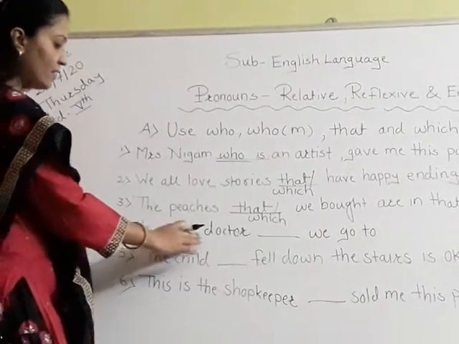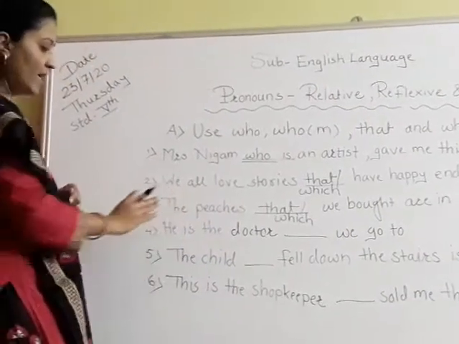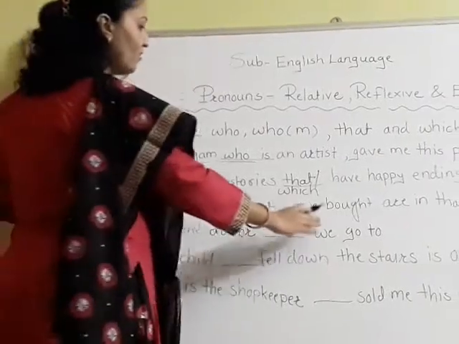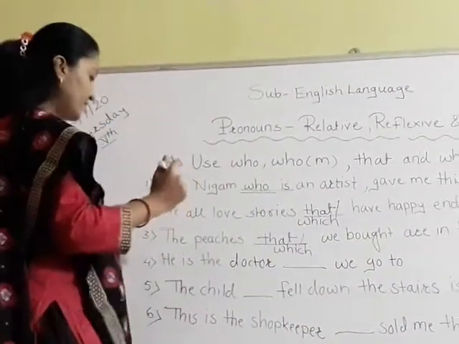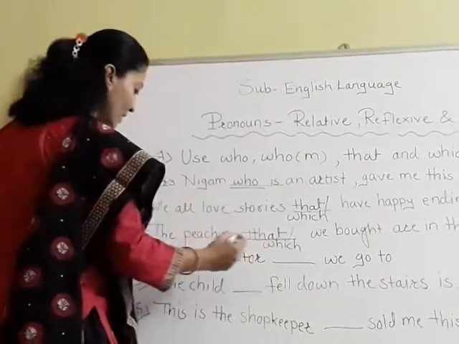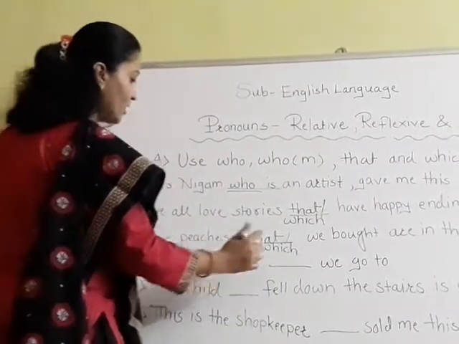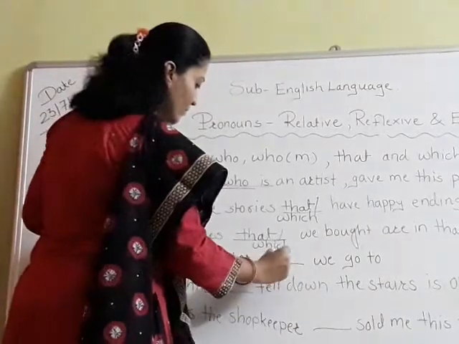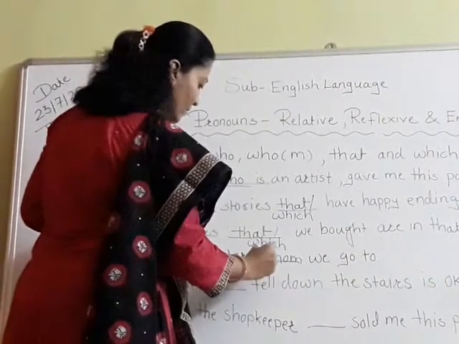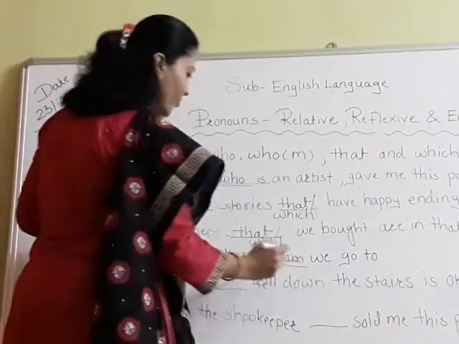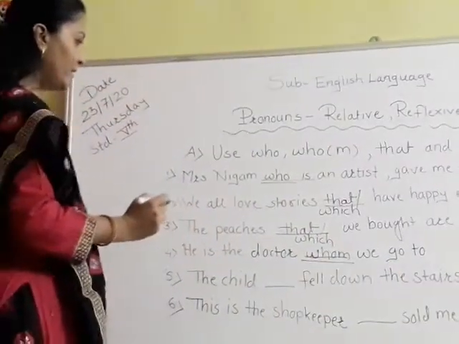He is the doctor. Okay. He is the doctor dash dash we go to. So either you can use here who, or he is the doctor whom we go to. Okay.